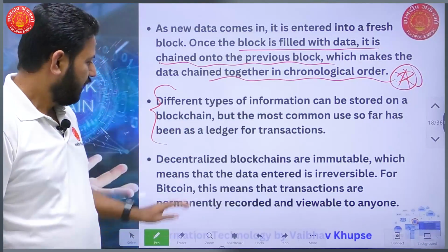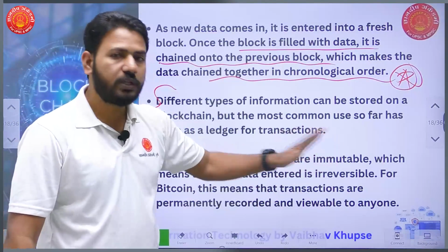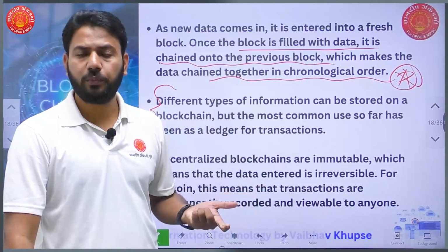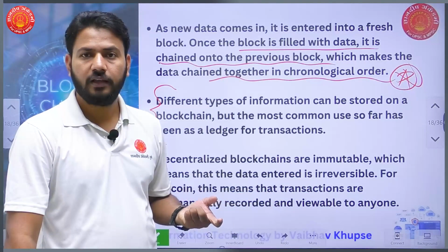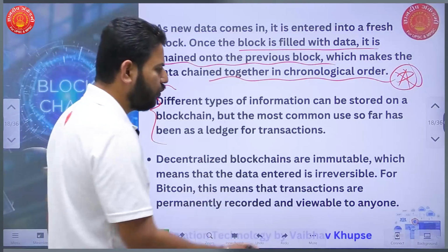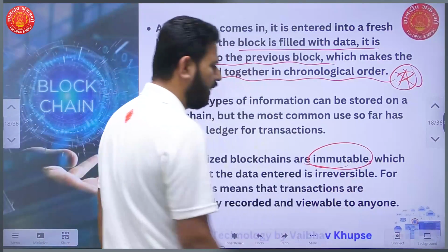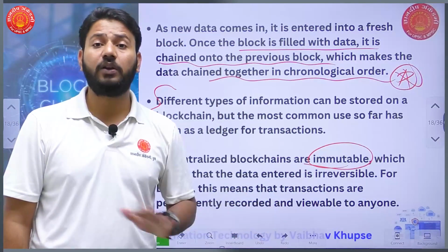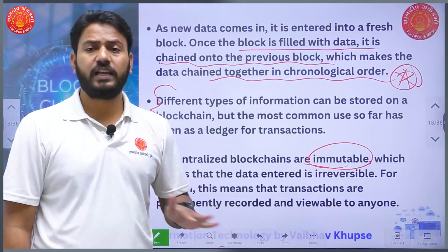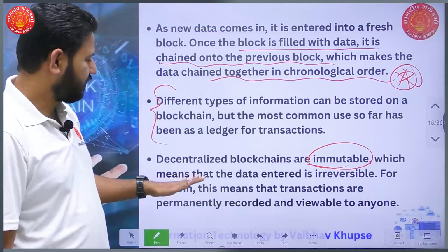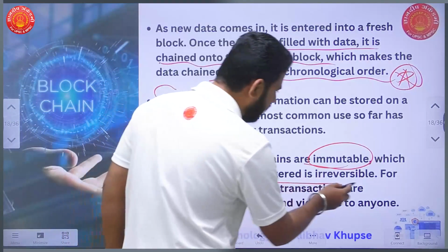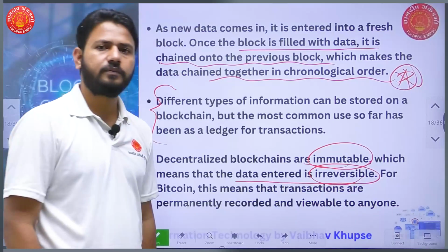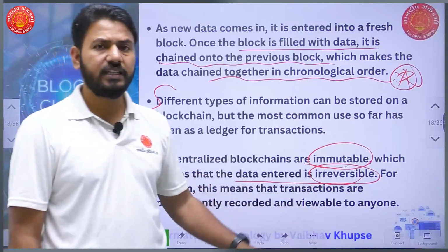Okay. Decentralized blockchains are immutable. Why is blockchain so important? Blockchains are immutable. Once you have made some entries, they cannot be changed at any cost. So they are immutable, which means that the data entered is irreversible.